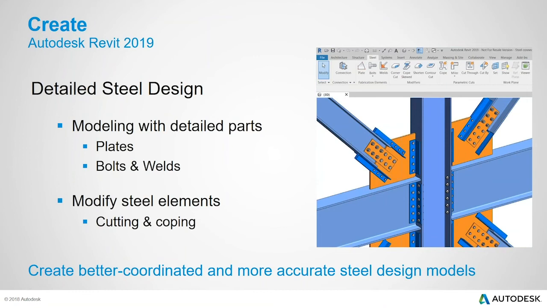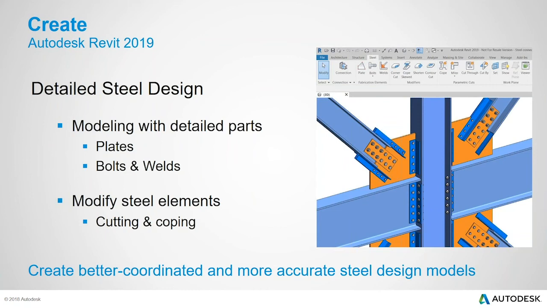Now let's move on to the steel portion of the what's new in Revit 2019. Here we have new editing tools to more easily modify structural frame and column elements and apply custom parameters, cuts to better accommodate the geometry of elements at a connection.